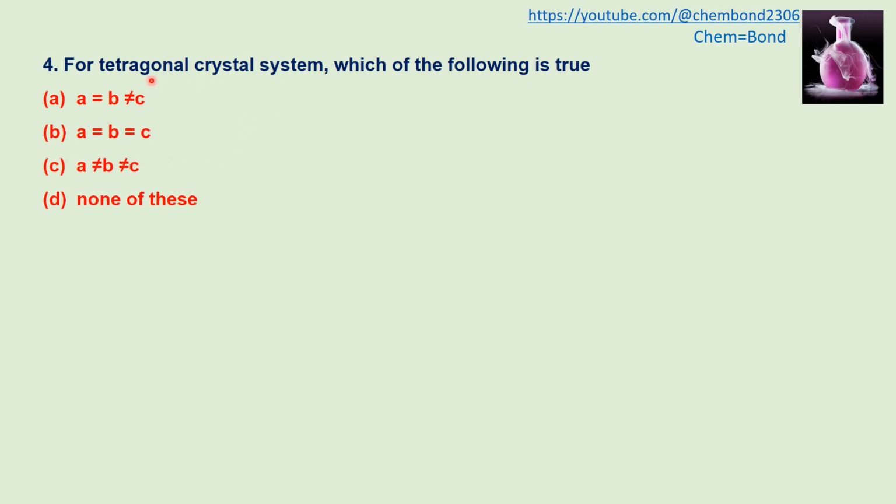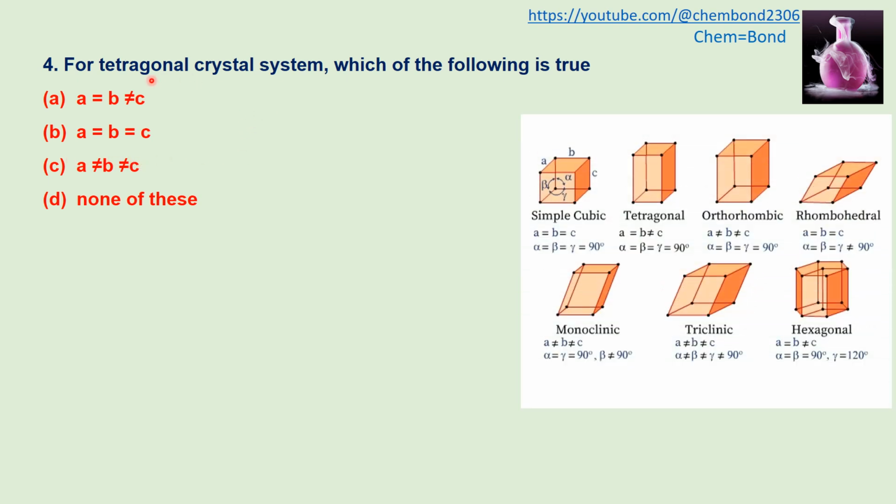For that we will use the crystal systems known as the 7 crystal systems, which include simple cubic, tetragonal, orthorhombic, rhombohedral, monoclinic, triclinic, and hexagonal. The question is about the tetragonal crystal system, in which A is equal to B and B is not equal to C. So among these options, A is the correct answer.